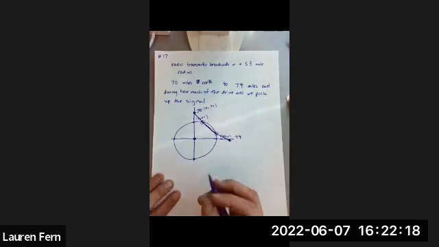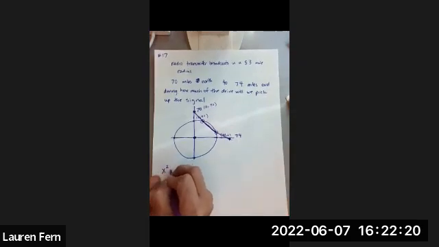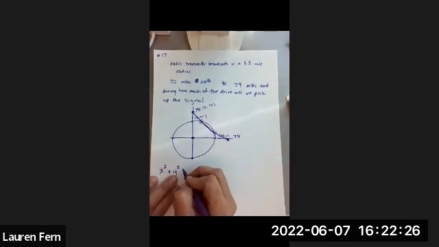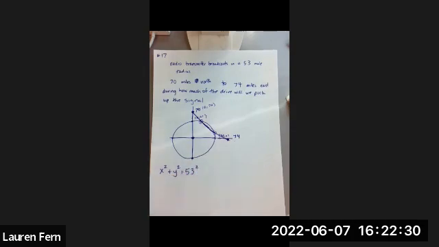The equation of this circle, notice it's at 0, 0, so x squared plus y squared is equal to 53 squared. I'll definitely be needing a calculator for this sort of example. Calculators are extraordinarily helpful in trigonometry.